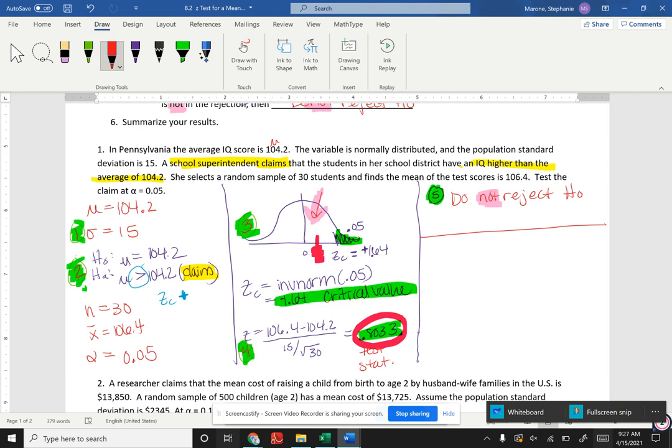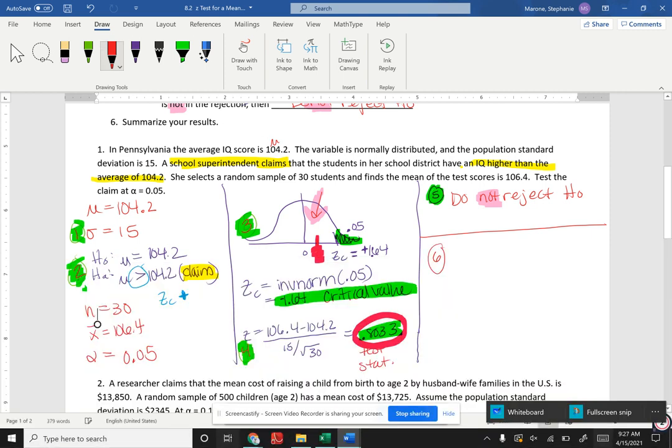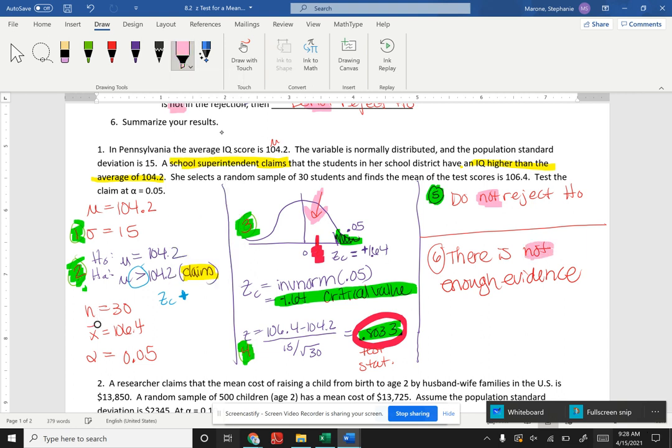And lastly, our statement, step 6, is: you have to use the word not. So it's in the non-rejection region. We do not reject the null hypothesis.